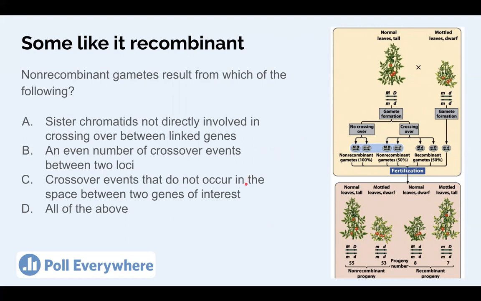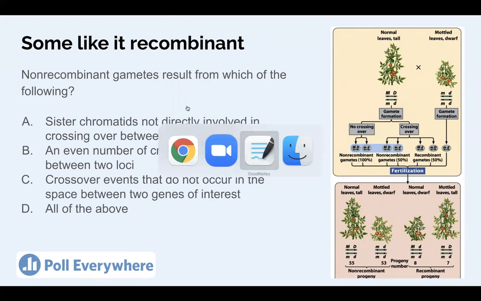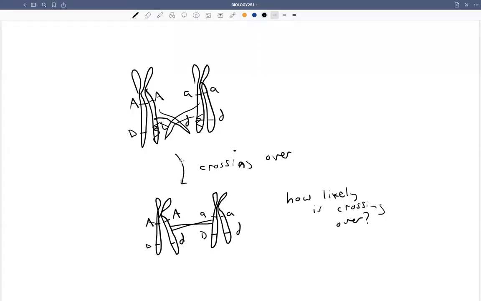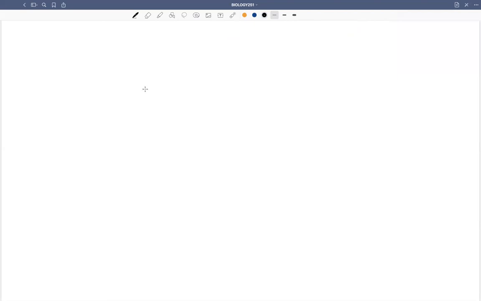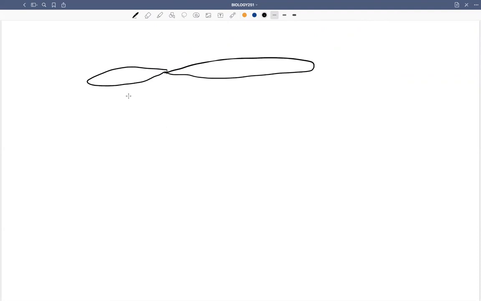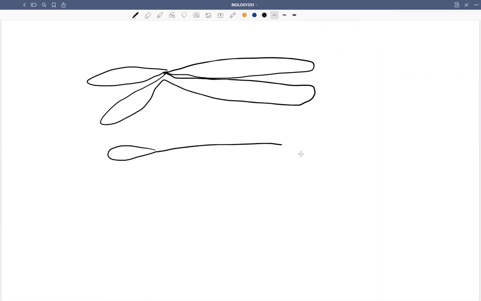Let me spell this out a little bit more. I think I've wandered a little far from what is making sense to you right now. All right, so let's say we've got a couple of chromosomes. Clean slate here. I'm going to lay them on their side so we can illustrate the crossing over possibility a little bit easier.